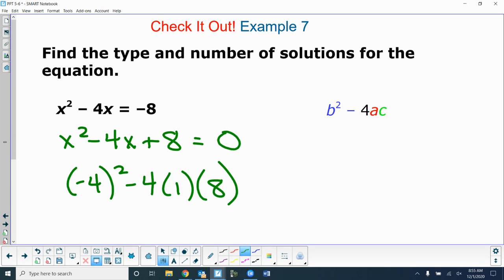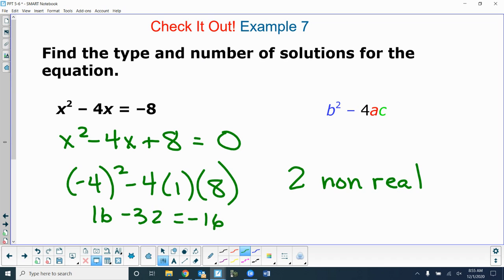Well, that's going to be positive 16. -4 times 1 is -4. Negative 4 times 8 is negative 32. So I get negative 16. Therefore, 2 non-real solutions. Okay? So you have a couple problems like that, where you're just looking at the discriminant. That's it. Easy day. Any questions?